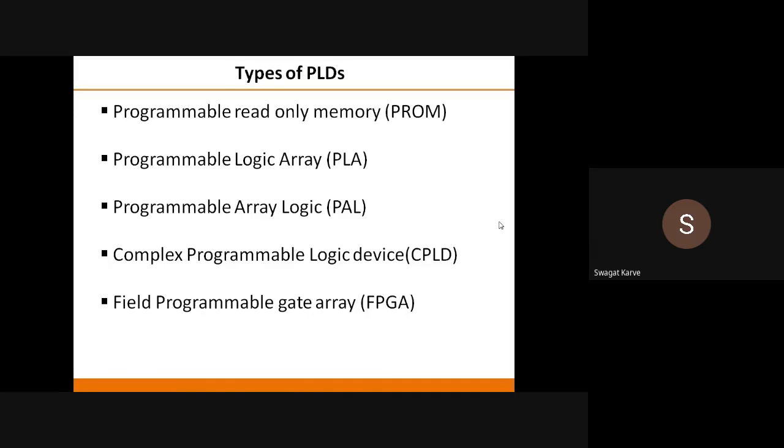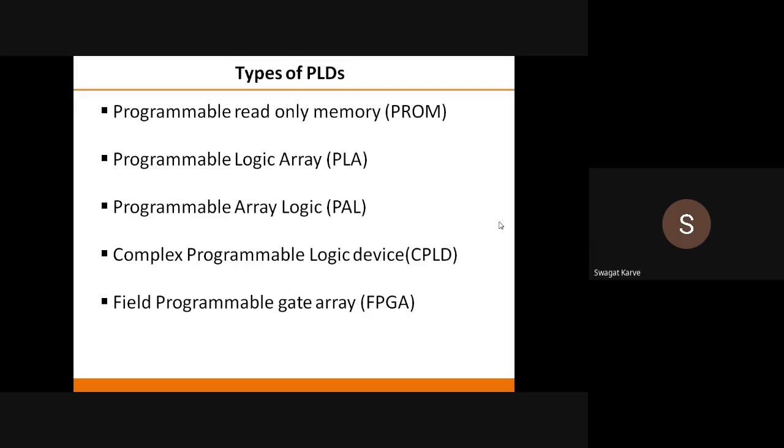Then we have to study the different types of PLD, right? So we have studied the PLD, that is the basic block. But what are the different types of programmable logic devices available with us? So the first one is a PROM, that is programmable read-only memory. This is the first type. The second one is a programmable logic array, that is PLA.